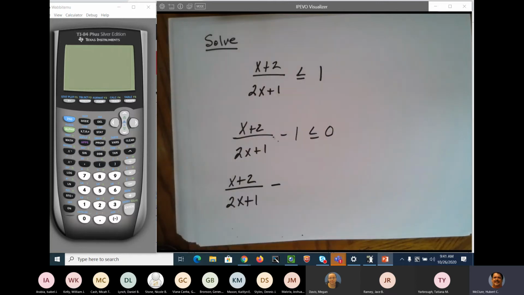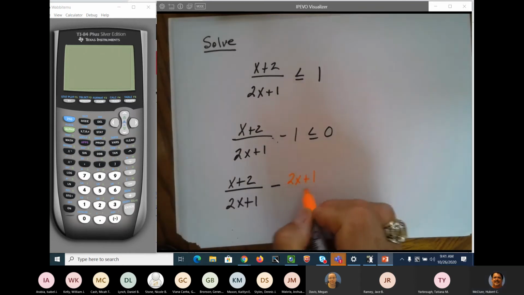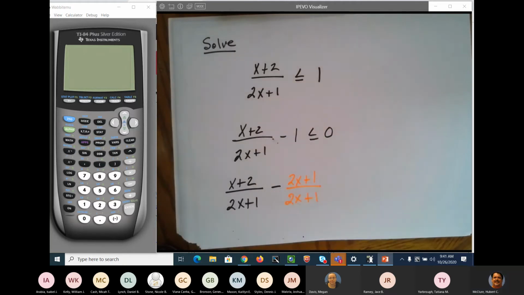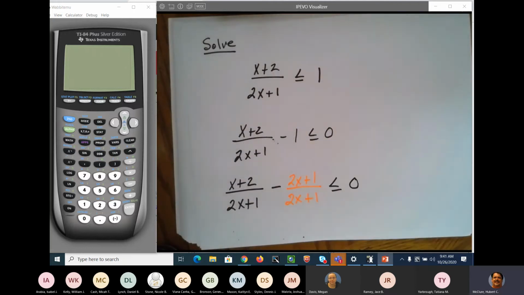Because you have to have a common what to add or subtract fractions? Common denominators. Thank you. I appreciate you interacting with me.